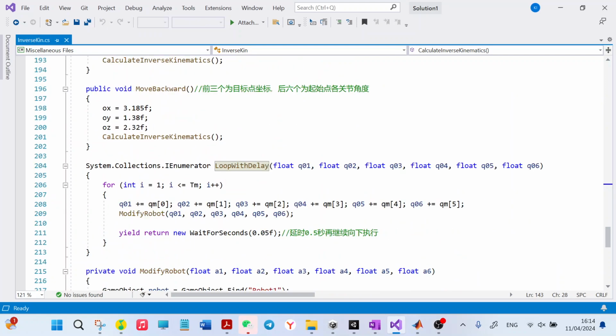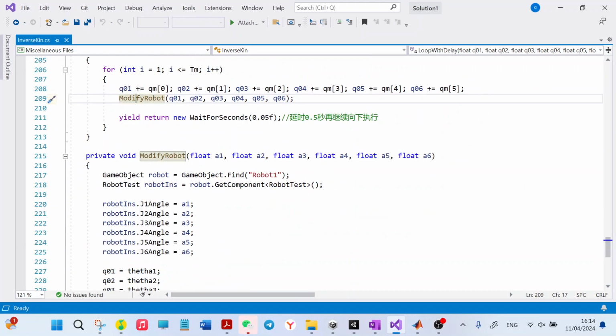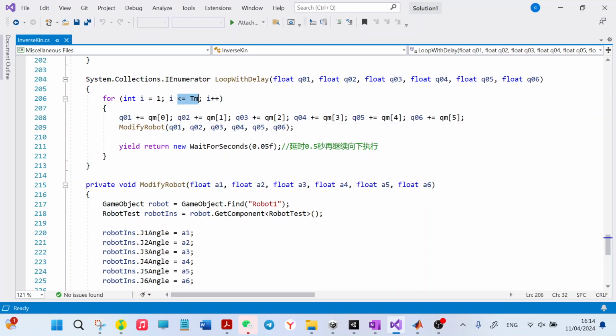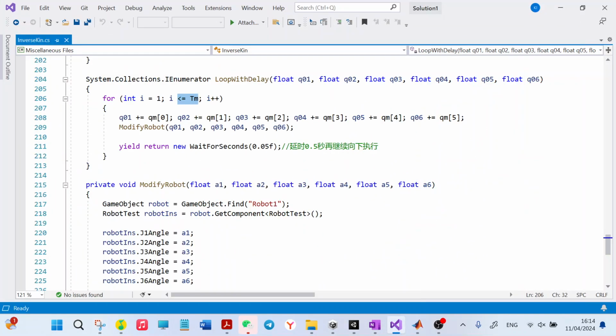Here we apply this trajectory to our robot and modify its angles. Here we set how many iterations we have, currently 40. So we update our robot angles step by step in this loop.